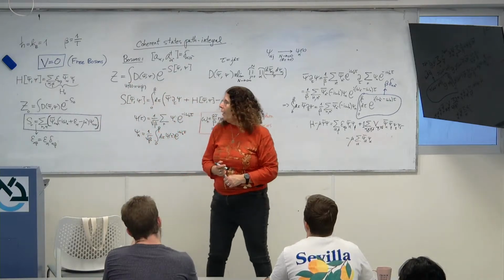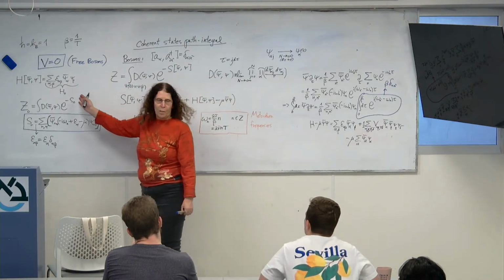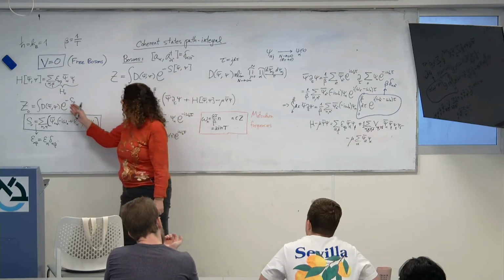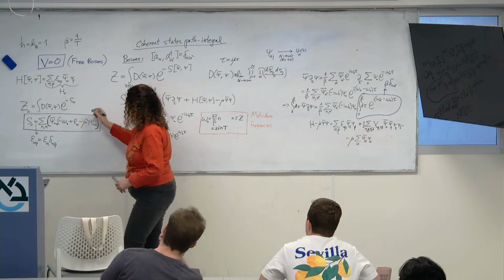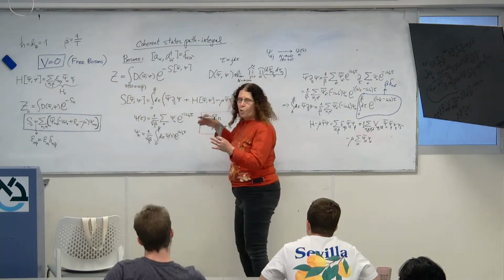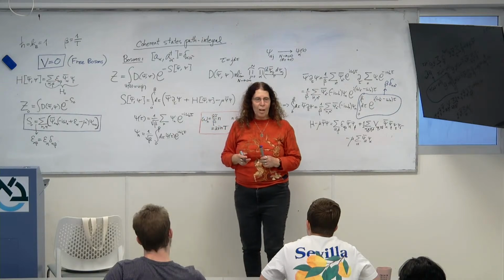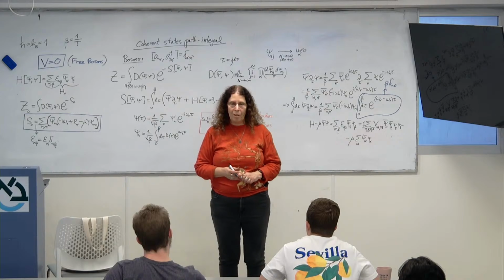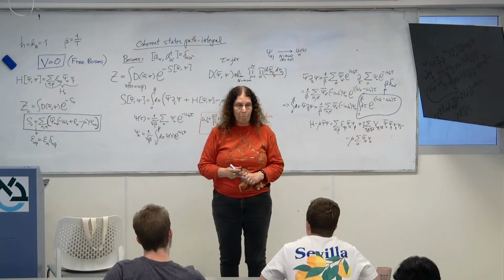Okay? And the exponent of a sum is a product of exponentials. And what I get is, now remembering that this differential is actually also a product of differentials, I just have a product of independent Gaussian variables, okay?